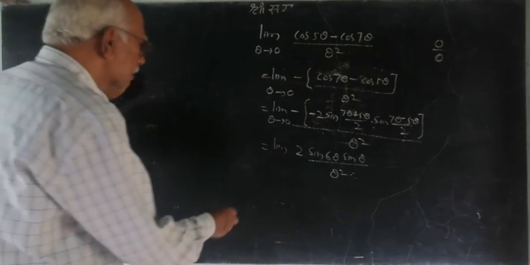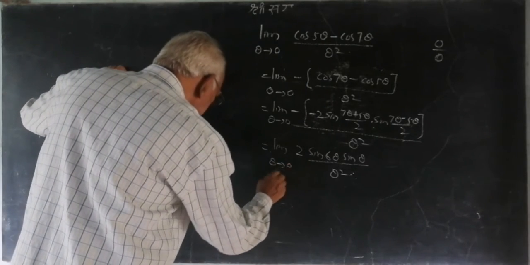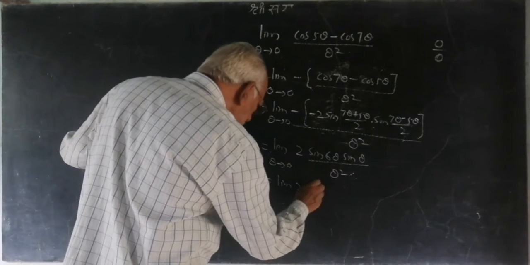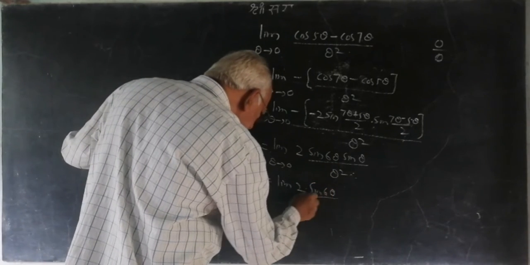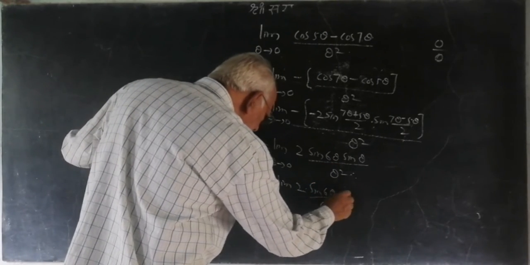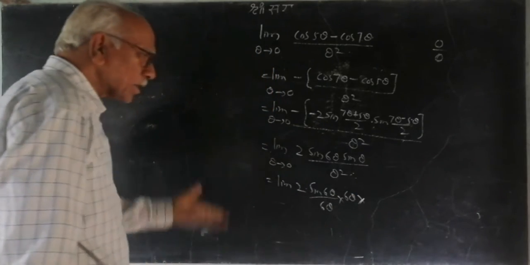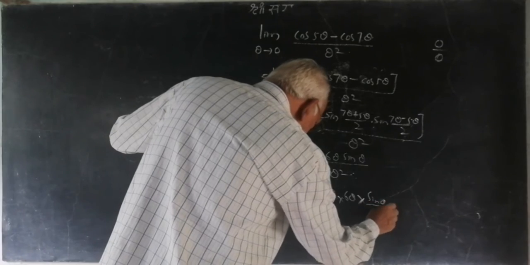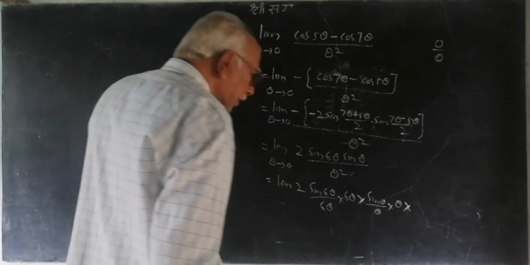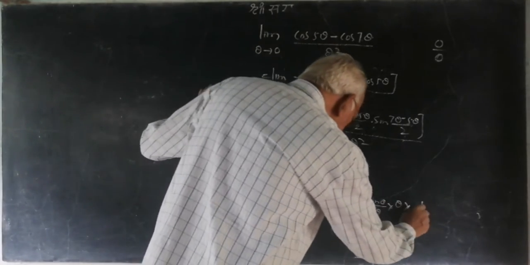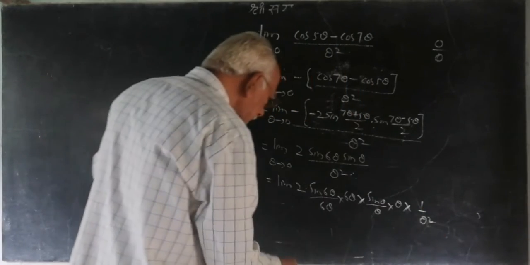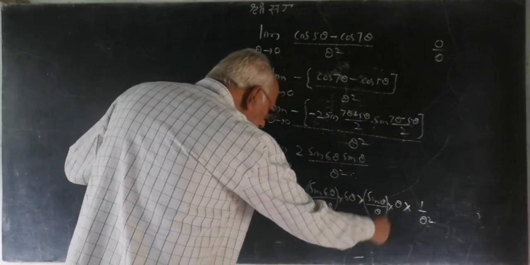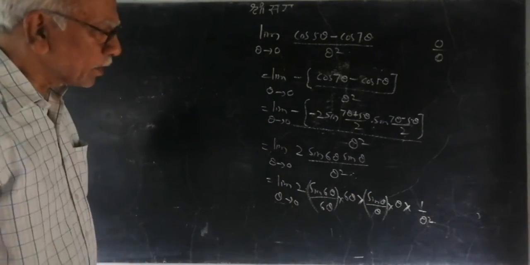Now let us write down the respective adjustments. It is a mechanical process. If it is sin 6 theta, our adjustment is divide by 6 theta, multiply by 6 theta. Then if it is sin theta, then sin theta by theta into theta. And then the remaining 1 upon theta square, as theta tends to 0. These are our limit parts, so the remaining parts you can cancel.